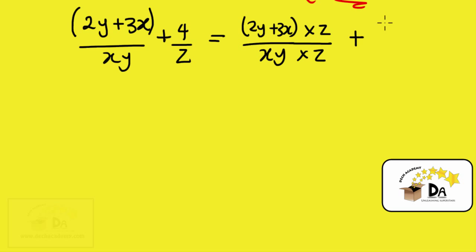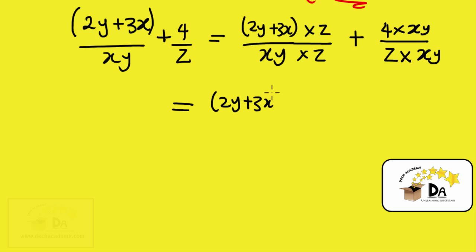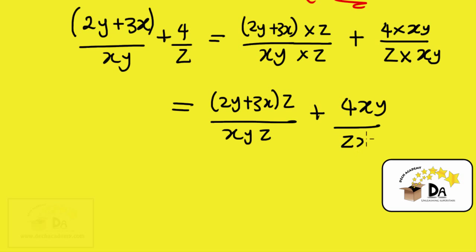We take the second fraction and multiply it through by the denominator of the first fraction, which is xy. Simplifying gives 2y plus 3x times z over xyz, xy times z is xyz, plus 4xy divided by zxy.